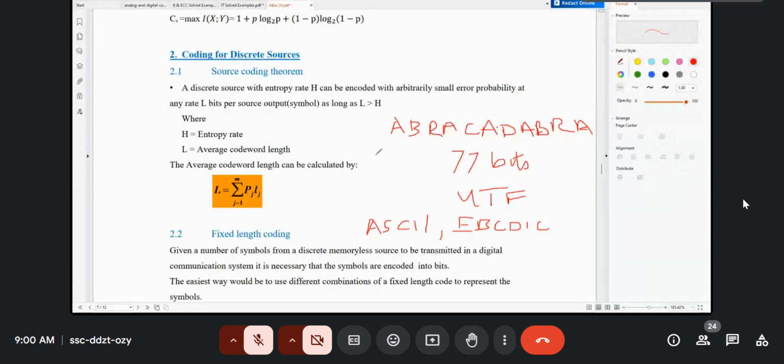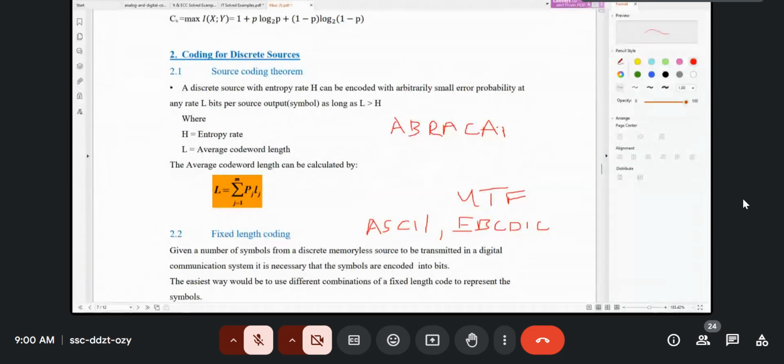So instead of trying to get rid of redundancy, we are actually avoiding redundancy, so to speak. So the average code word length can be calculated by this. And normally this one is very easy to see with the calculations.